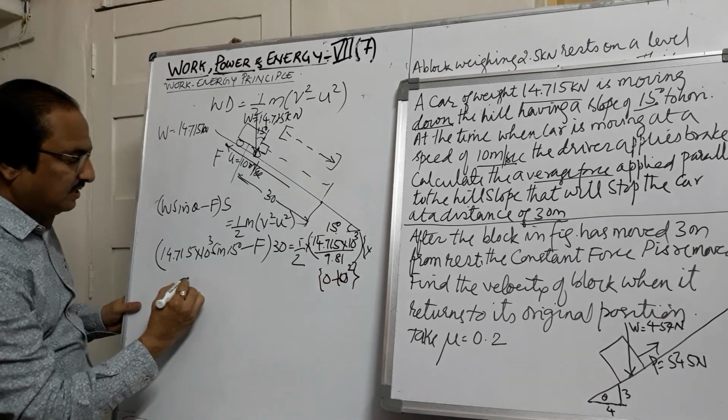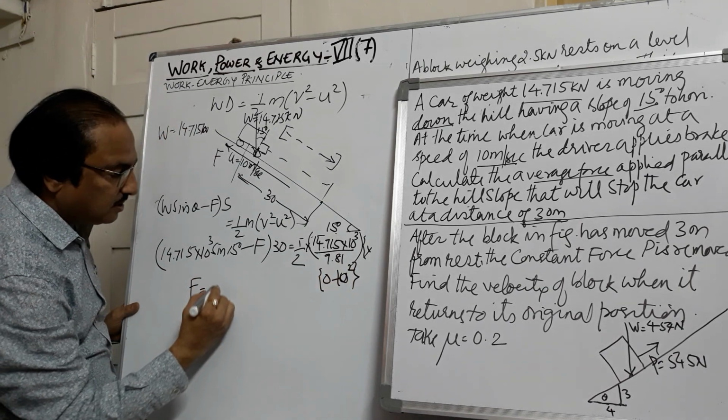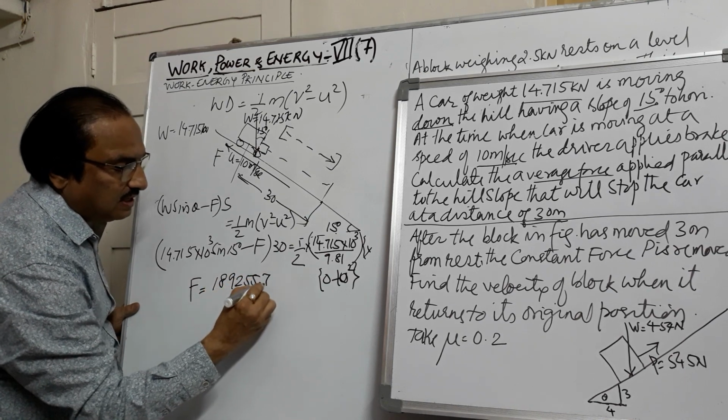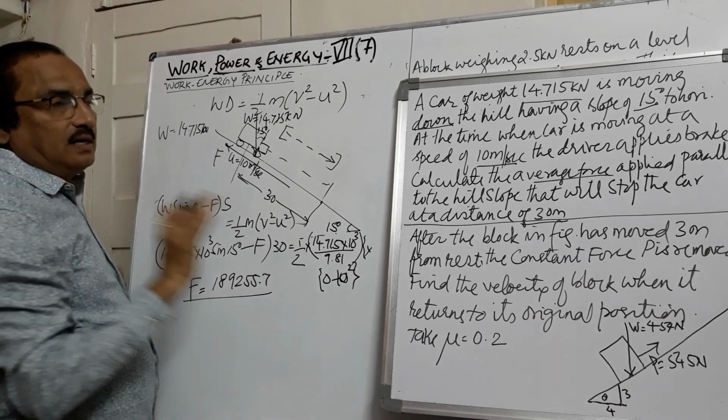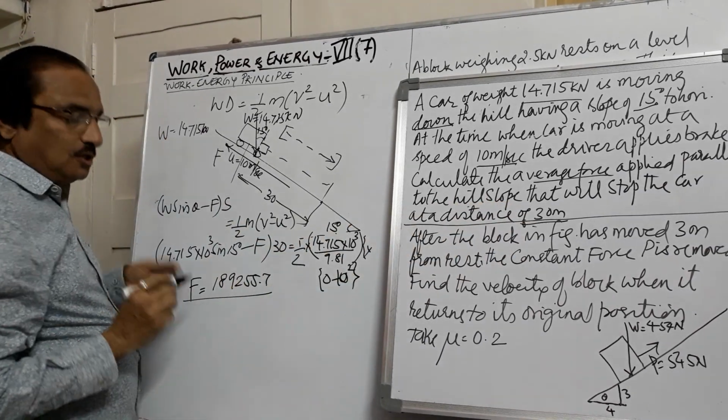If you simplify this, you get the value of F equal to 18925.7. So this is the force applied when the brakes are applied so that it will move a distance of 30 meters and stop.